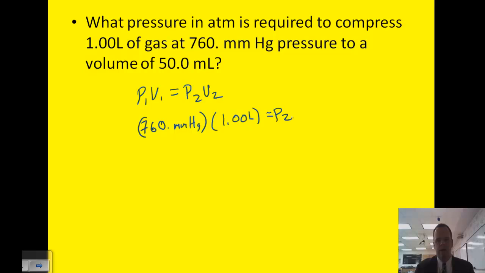We're looking for the new pressure. We need to have the same units, so I convert this to liters, 0.0500 liters. So I get 760 equals 0.0500 P2.